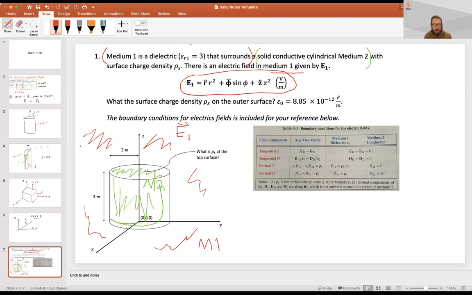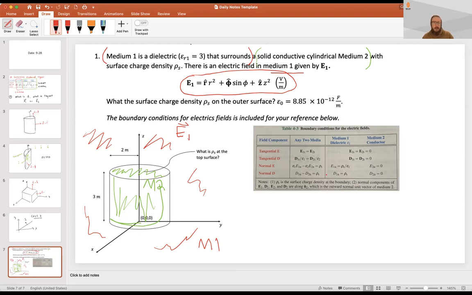Yeah, it makes sense now. So sometimes if the diagram is given to you, it may be worth it to draw the diagram again so that you can completely understand what's going on.